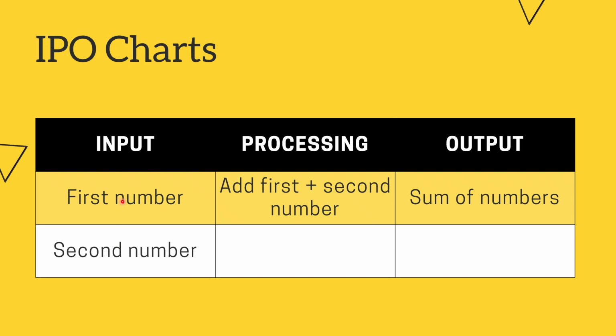For the input column, one input is the first number, and another is the second number. The processing is adding the first and the second numbers, and the output is the sum of the numbers. This simple chart tells the story of the whole program without writing a single line of code. And that's the power of IPO.